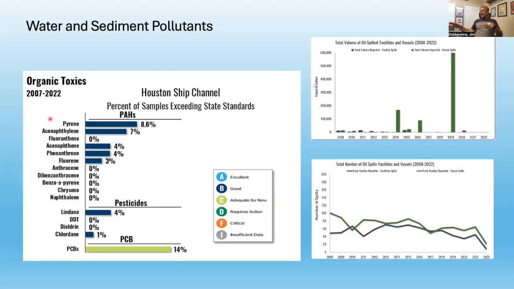We looked at inorganic toxins previously, and in general, I would say the improvements here have been pretty substantial. I think the Bay is much different than it was 40, 50 years ago. Heck, it's much different than it was when I started my career. Not to say we still don't have problems, and we do have some really significant issues.